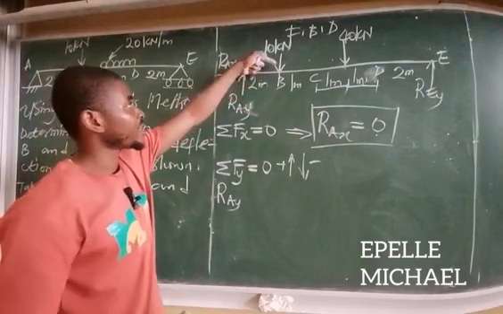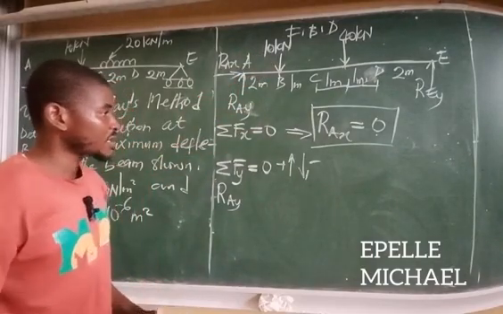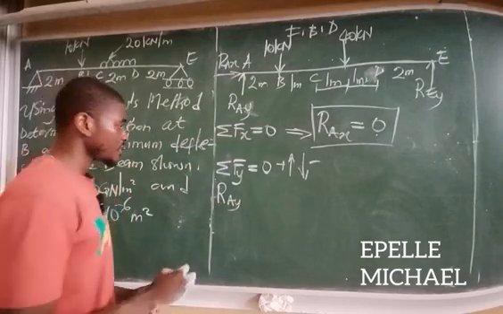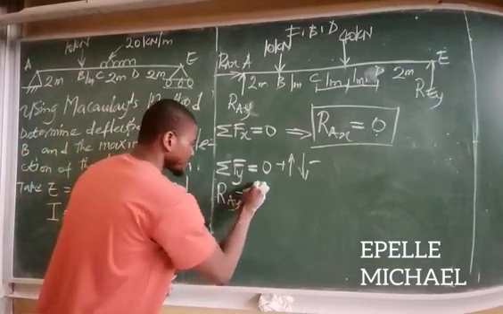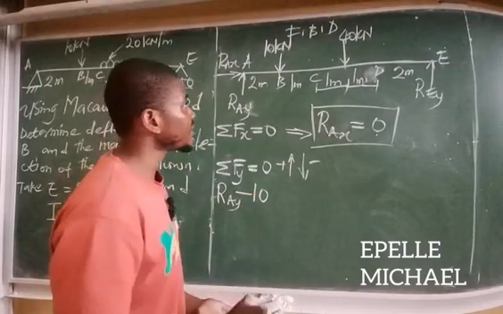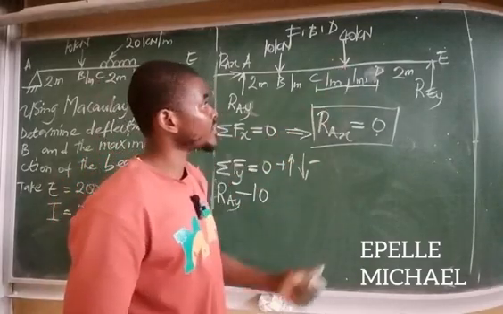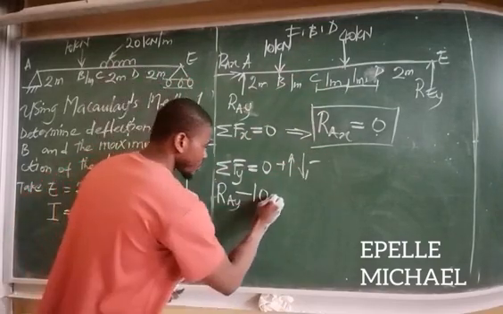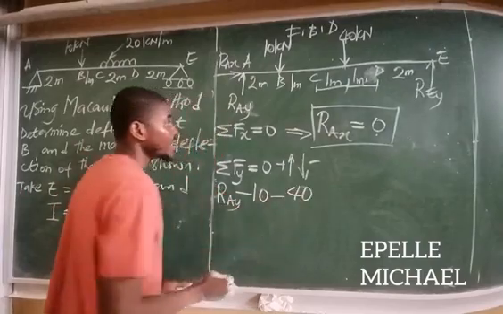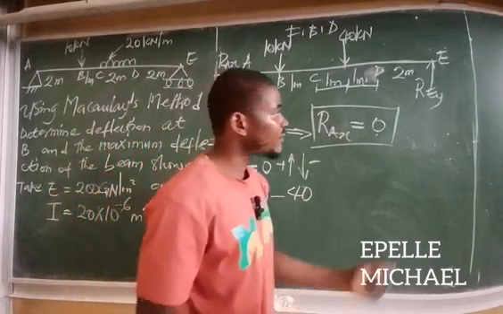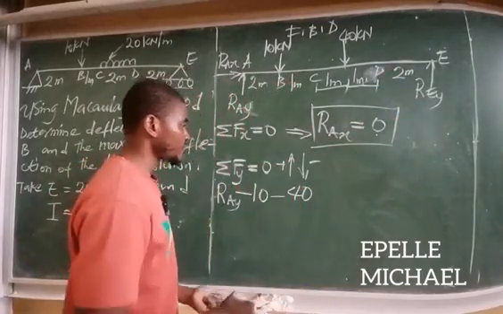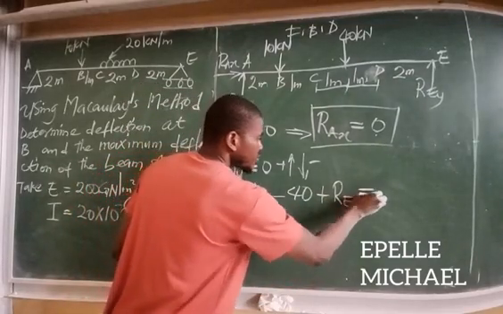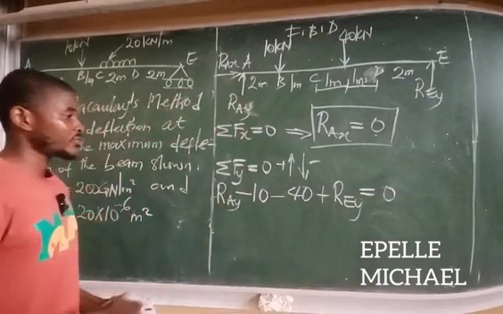At point B, we have a 10 kilonewtons force acting downwards, so it is negative: minus 10. Between C and D, we have a 40 kilonewtons force also pointing downwards, so minus 40. And at point E, we have REY pointing upward, so plus REY. The whole of this is equal to 0.